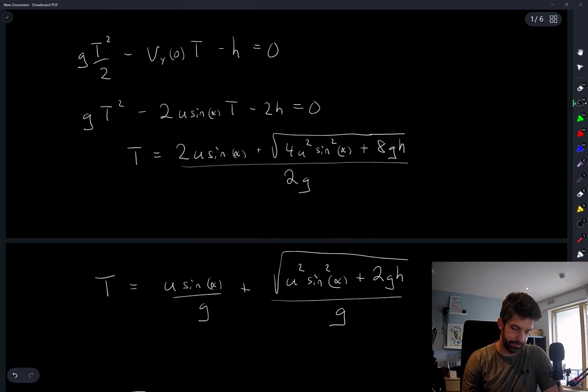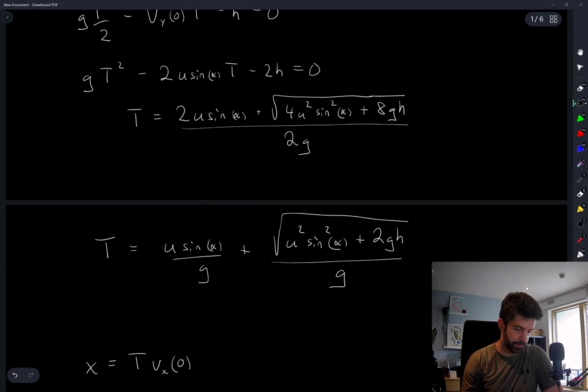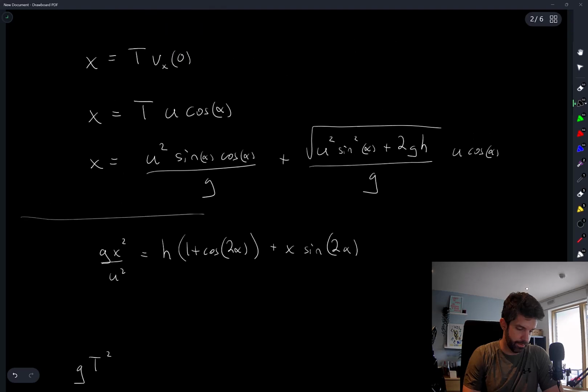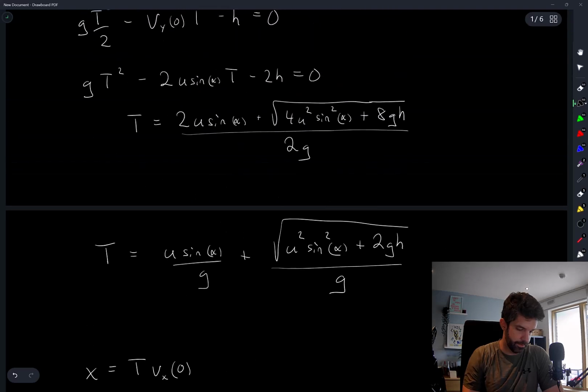Okay, so let's take that equation, G times t squared. Let me just copy it like this.